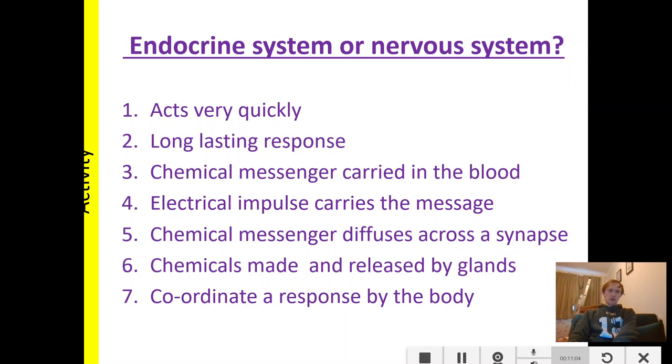Long-lasting response. Let's think about this again. If I want a long-lasting response, I want a hormone. I can keep creating these chemicals for all eternity, and these chemicals can hang around for a long time. With nervous responses, you send the electrical impulse up your nerves to your brain, and then it's done, it's gone.